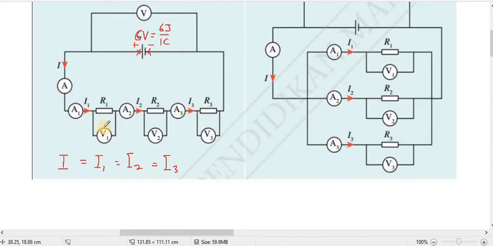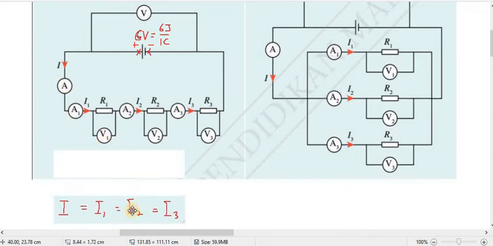Alright, next, we want to look at the potential difference at every point. If you still remember, previously we discussed that, let's say the charge that comes out here, every 1 coulomb carries 6 joule.